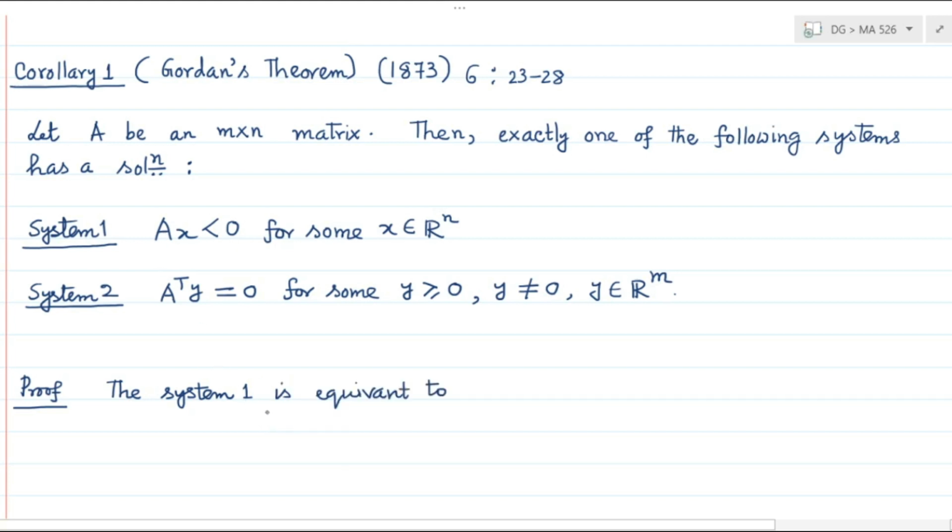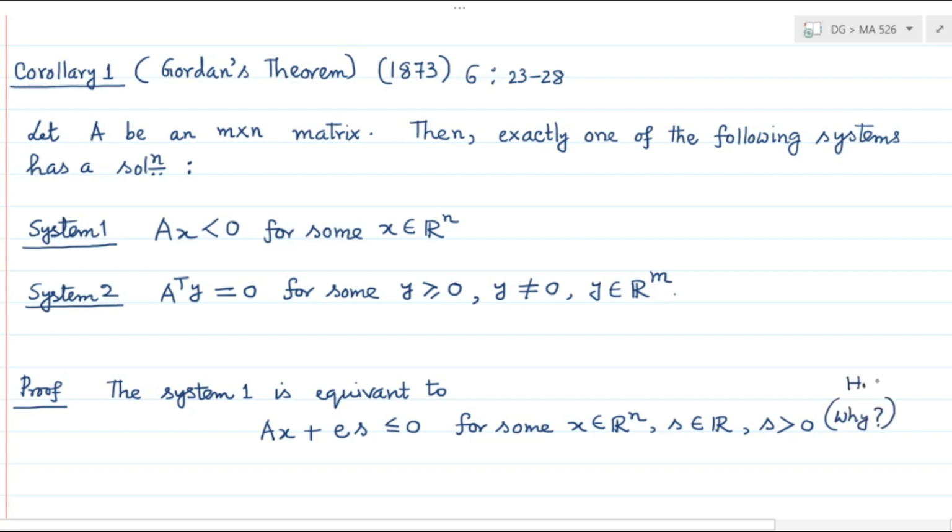So by adding slack variables you can find that there exists one s such that Es plus Ax is less than or equal to 0 for some x in Rn, and s is a slack variable that must be greater than 0, fine. Now can you clearly find why this is so? As homework I am keeping it: can you be very precise about how to find this s?